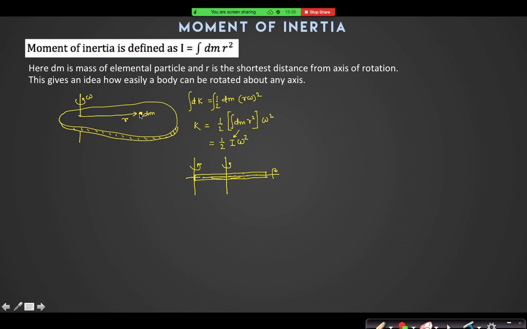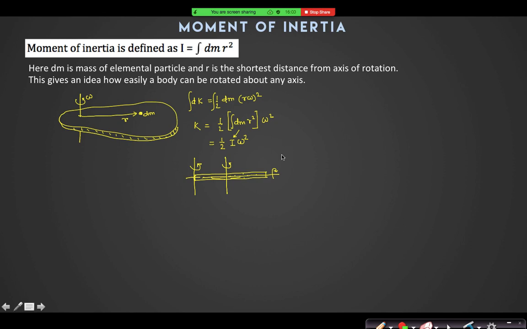For any particle, if you find the radius is r, for any other axis that radius will change. So the radius is not the same for every particle. I am doing an integration, but from the diagram you will understand that if, on an average, the particles are closer to the axis of rotation, then the moment of inertia will be lesser, right?